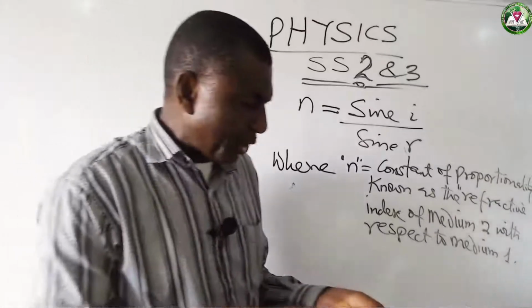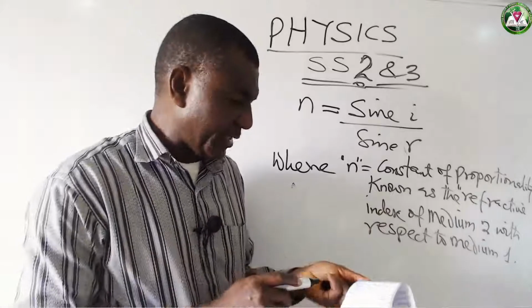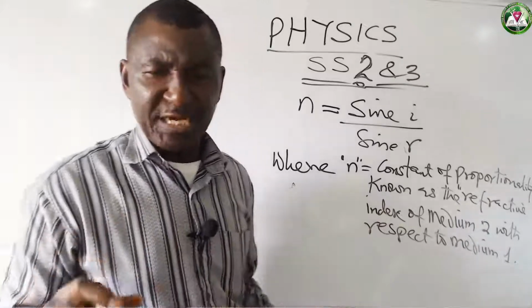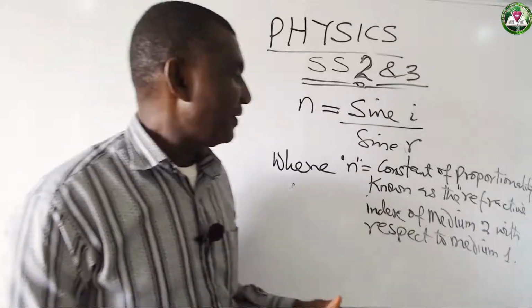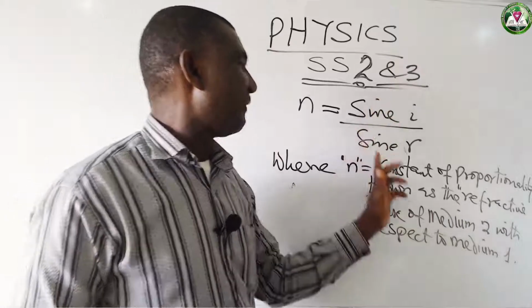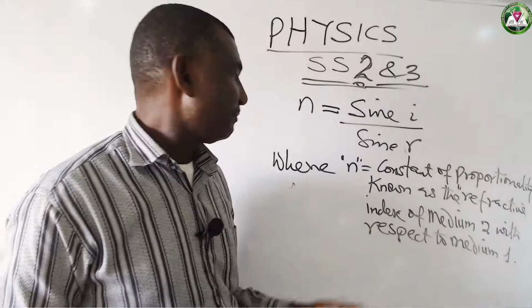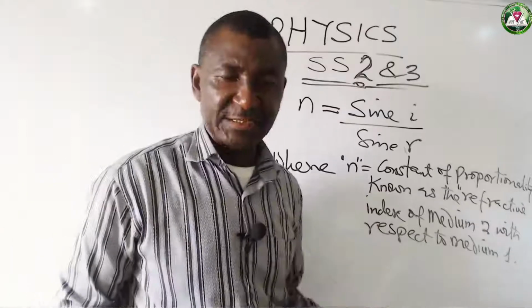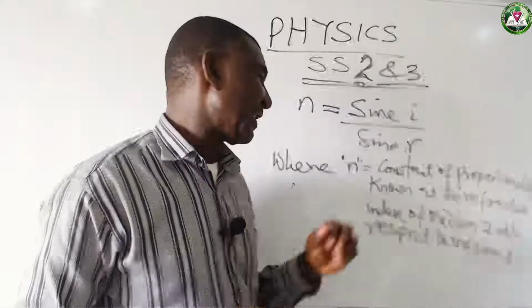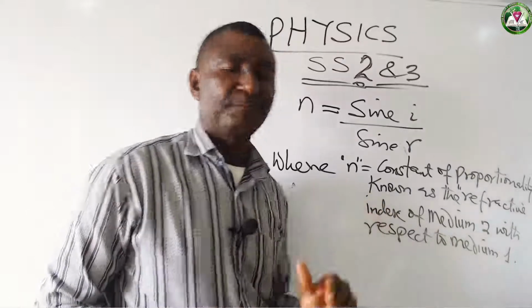So when you use your glass prism in performing the experiment and you plot your graph, calculating the slope, which is sine i over sine r, will give you a constant of proportionality known as the refractive index. This refractive index is the refractive index of glass with respect to air.